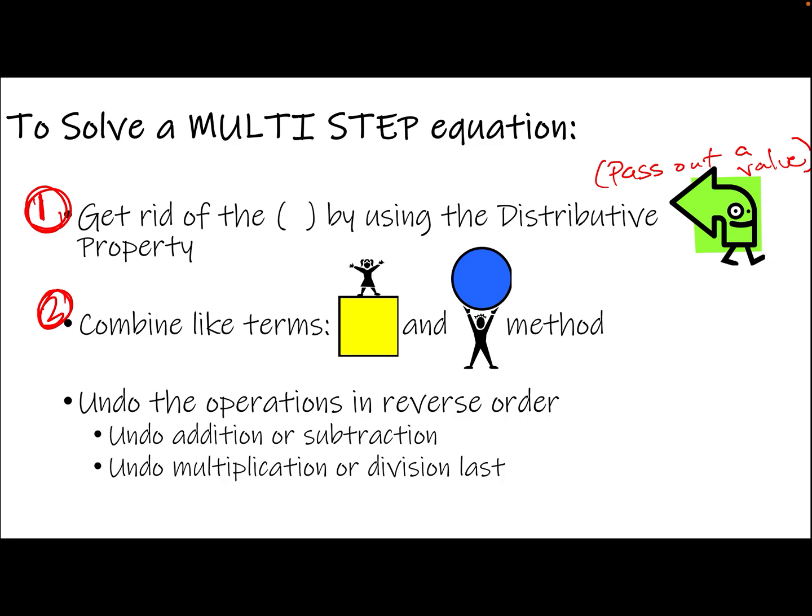And then once you have done the boxes, circles, and squares, you are going to have an equation that you will undo order of operations in reverse. Right? Remember we talked about that when we talked about solving equations. That is why you undo, add, or subtract first, and then multiply or divide second.